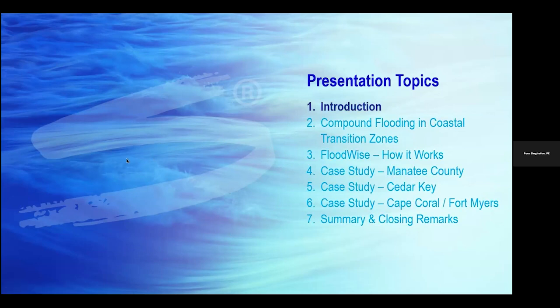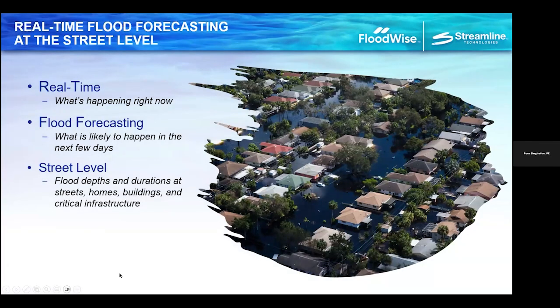On the introduction, real-time flood forecasting at the street level, what we mean by that is real-time is what's happening right now. We don't care about what happened an hour ago or 5 hours ago. We're concerned more with what's going on right at this moment. And then flood forecasting is what is likely to happen in the next few days.